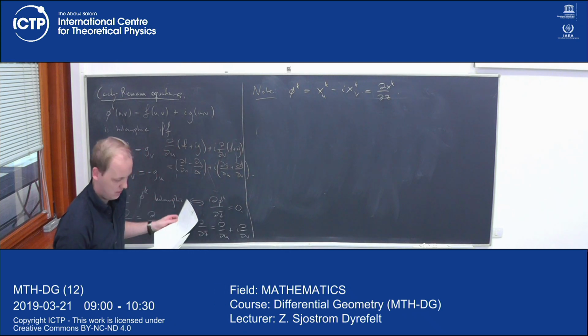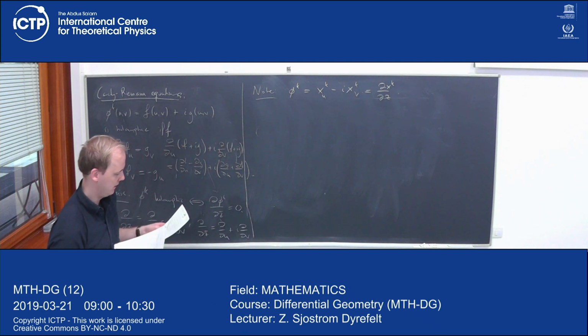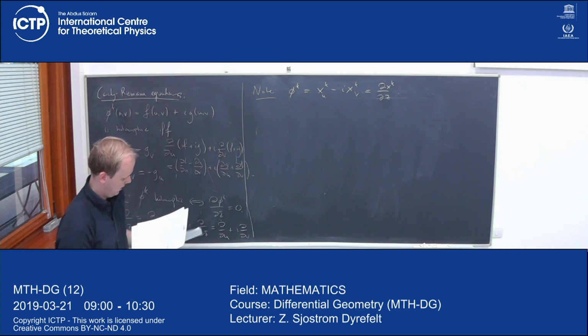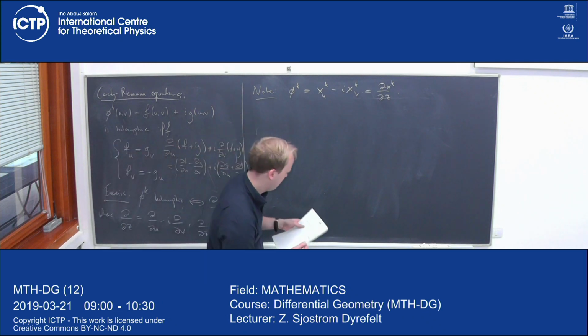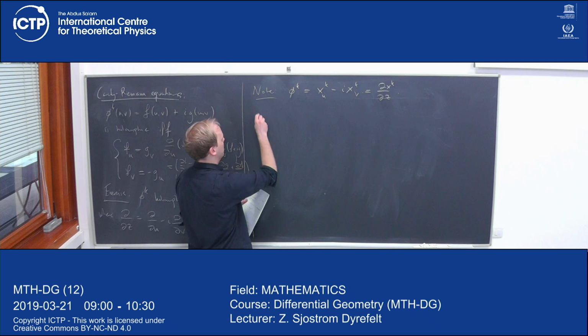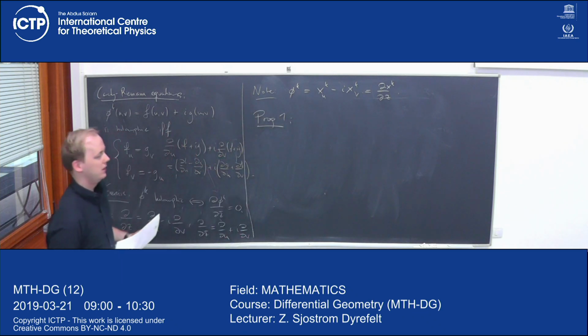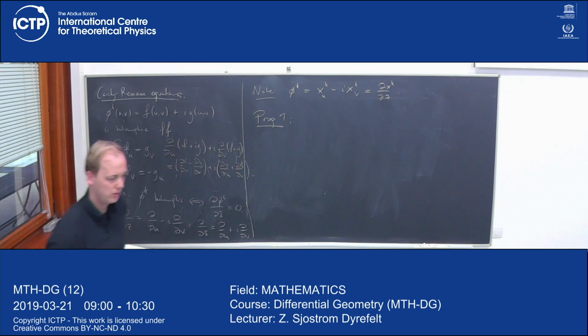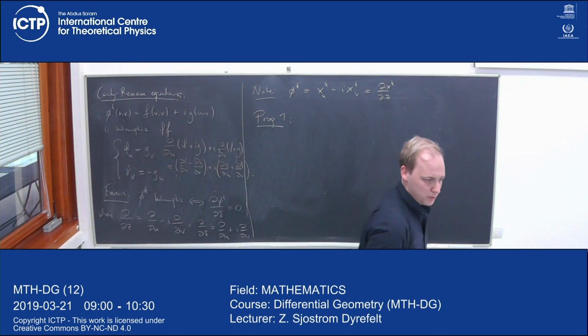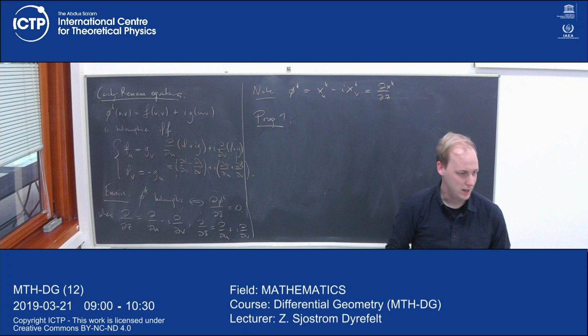Okay, but in order to understand why I'm doing all of this, you will definitely want to have the following proposition. So this is the first key. So let's see, what do we want to do? We want to have some condition, ideally, so we want to choose some parameterization. And given a parameterization, we want to be able to say, is this an isothermal parameterization?